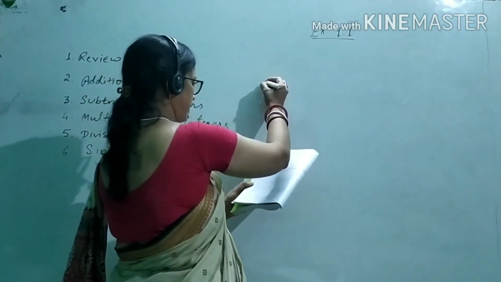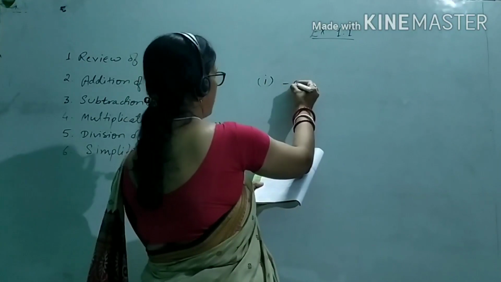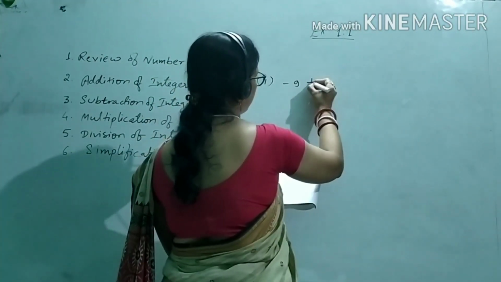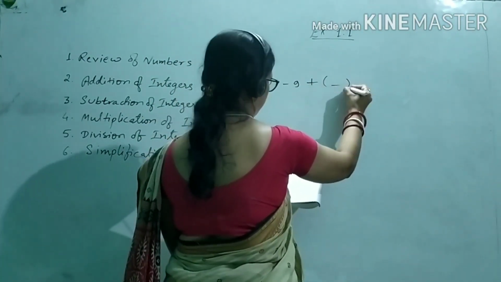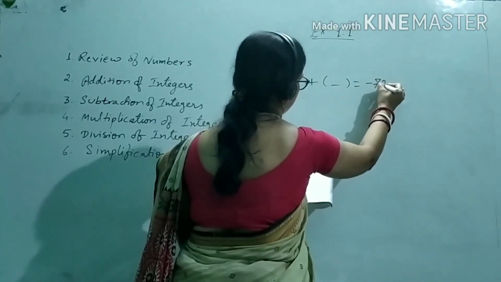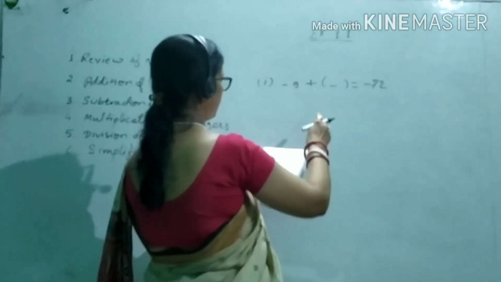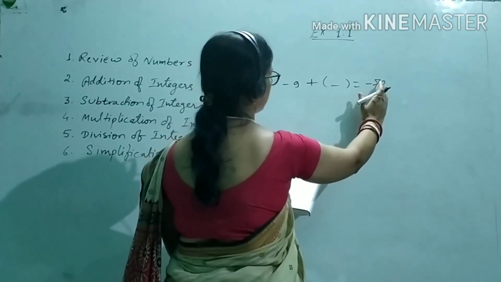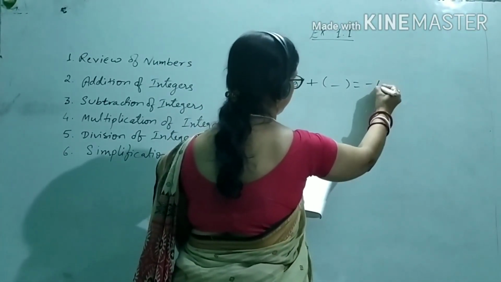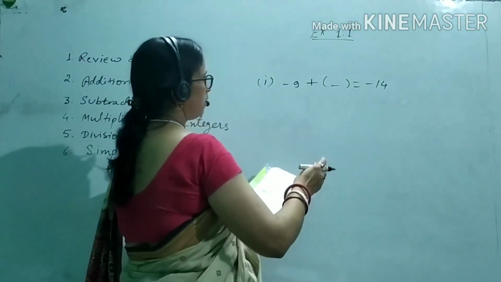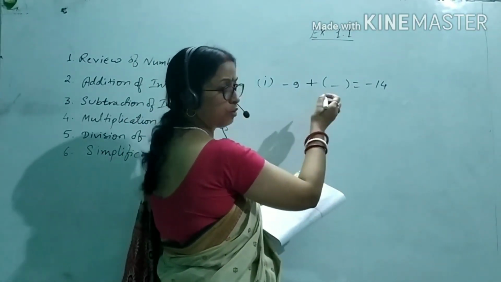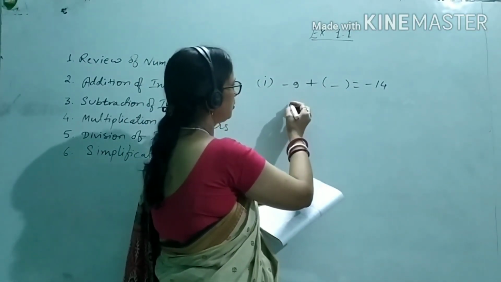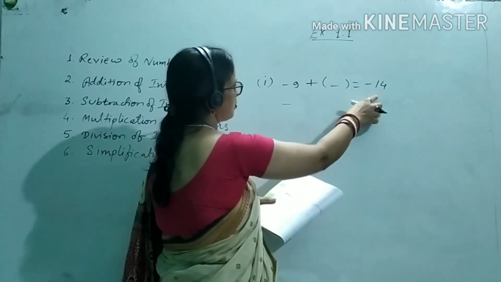First question is minus 9 plus dash equals minus 14. Children, we have here got the sum, sorry, it is 14. Okay, the sum is minus 14. So we have to write our own steps here. We can directly write this is the sum, this is the first number.